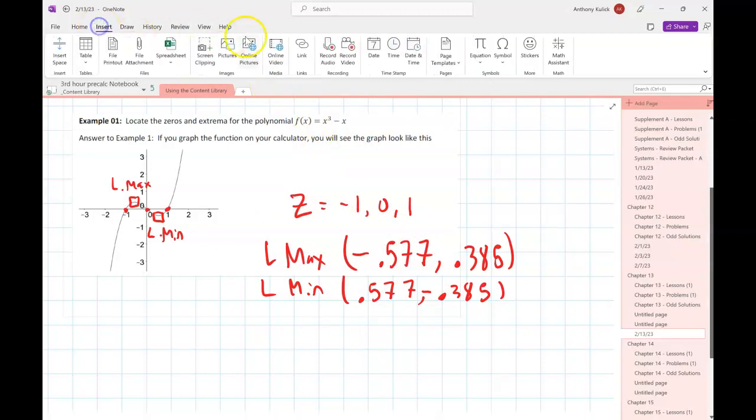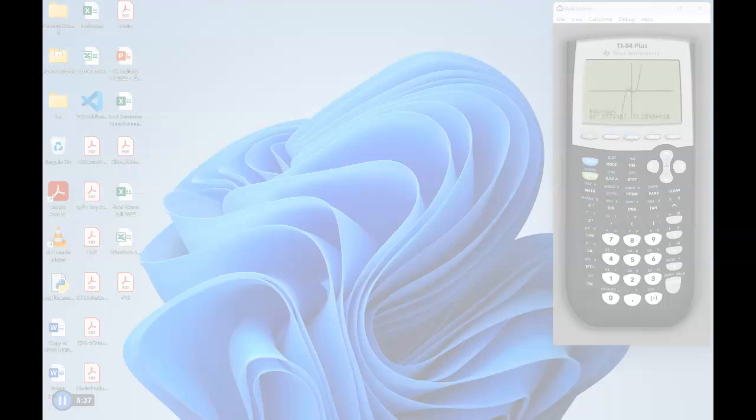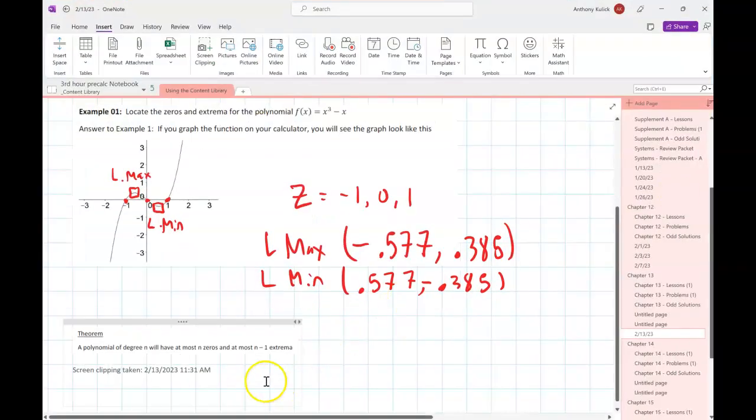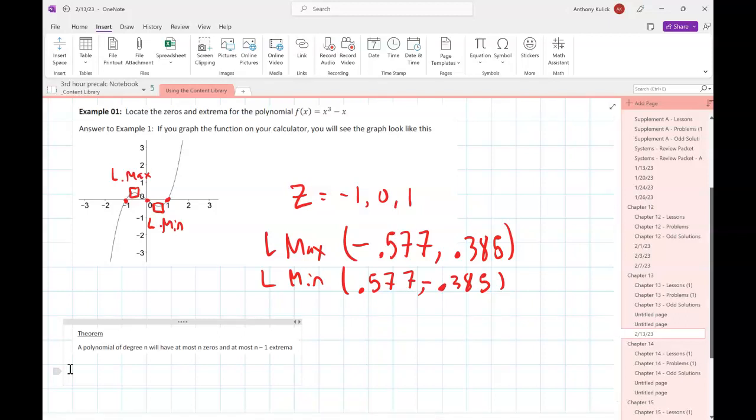What do you suppose the relationship is? One less. Close. It's not exactly one less. It's at most one less. You could have a situation where you have degree 5 and 4, 3, 2, 1, or 0 extrema are all possible. But you can't have more than the degree.